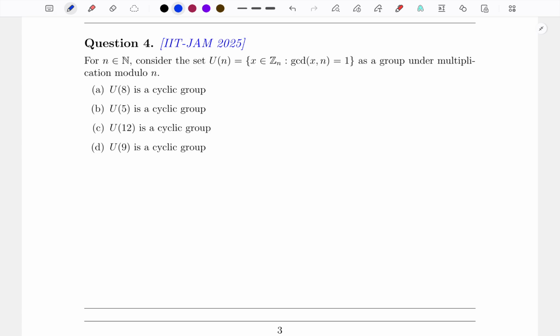So for n, consider the set Un as a group. This is a very interesting result by Gauss. I have already explained it. Un is cyclic if and only if n is equal to 1, 2, 4, p to the power k, or 2 times p to the power k, where p is an odd prime.